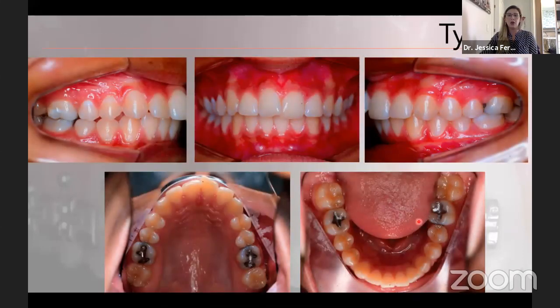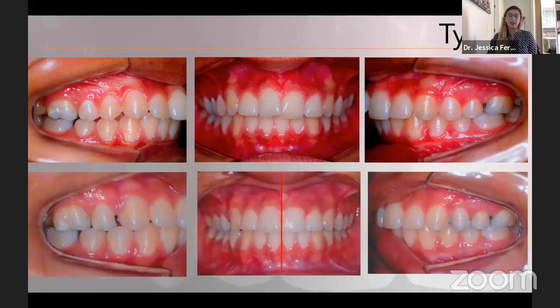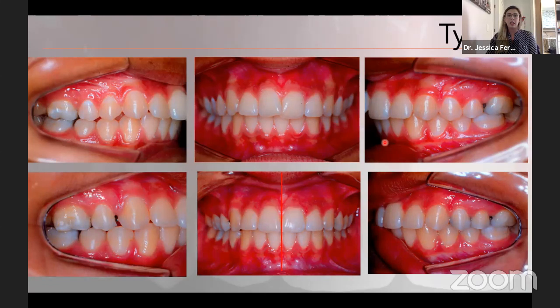In her intraoral photographs, we can see that she has a full class 2 malocclusion on her right side and a class 1 on her left side, with the maxillary dental midline deviation. When we extract the one premolar at her class 2 side, by closing the extraction space, this will provide us the correction of the canine relationship and also the dental midline deviation.